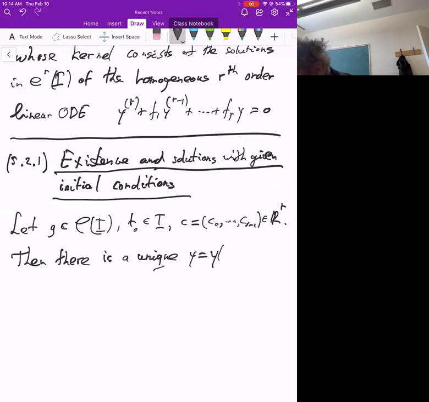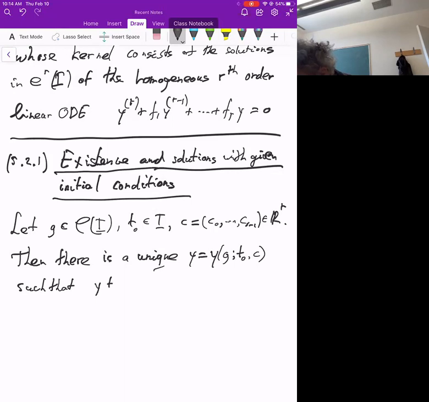I'm going to indicate here the dependence on the data g. The data are the given function g, then t0, and then c, this tuple of numbers, such that the initial conditions are satisfied.